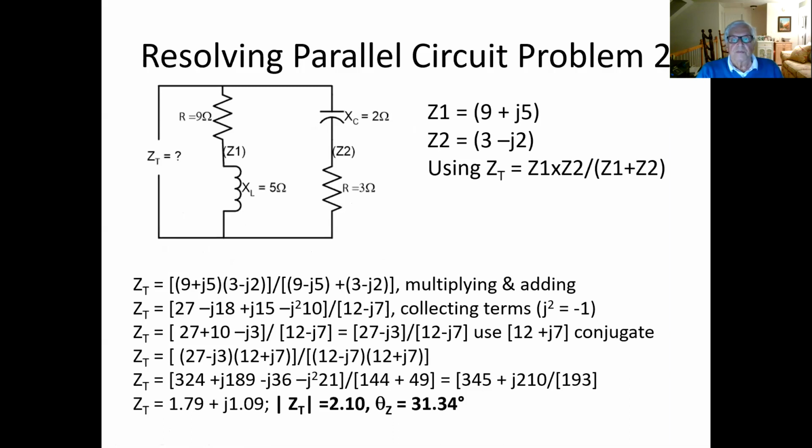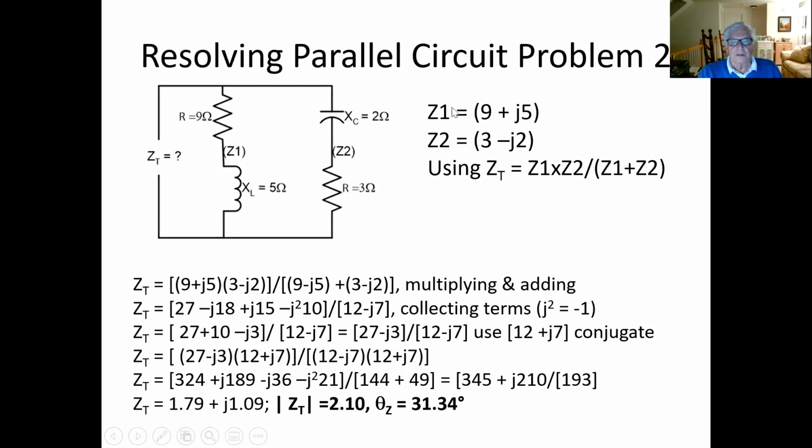We can do the same thing in a more complex way. If we have Z1 and Z2 like we did before, we simply have to figure out ZT as Z1 times Z2 over Z1 plus Z2. Z1 plus Z2 can be added in rectangular form, and the multiplication is also in rectangular form.